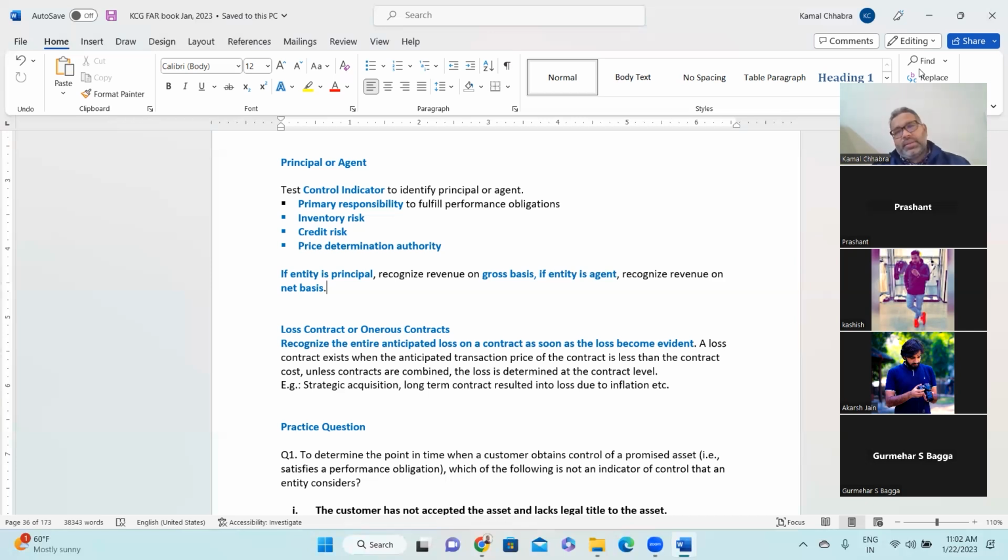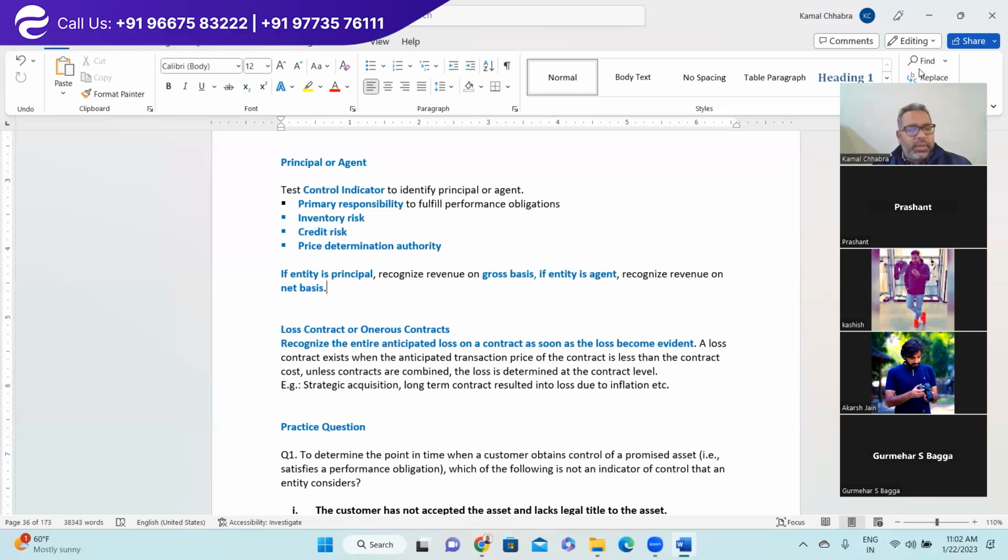Third is credit risk. Let's continue this example of LED bulbs, which Prashant and Ayush are manufacturing and selling through agents at pan India level. One agent has sold on a credit basis. Let's assume the order the agent has given is $5,000, but now the customer is not paying.